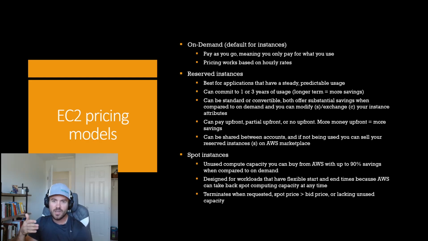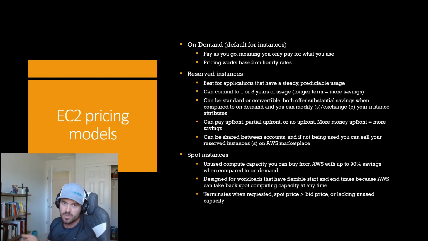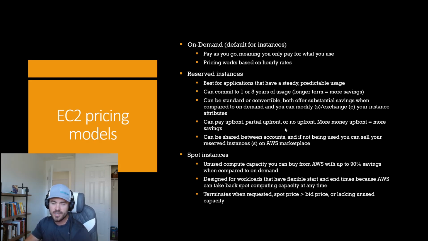Okay? These reserved instances can be shared between accounts if, for example, you have multiple accounts in an organization. And if they aren't being used, you can sell your standard reserved instances on the AWS Marketplace, which is pretty neat. So as you can see, there's quite a few ways to save money just in this reserved instance tier alone. All right.